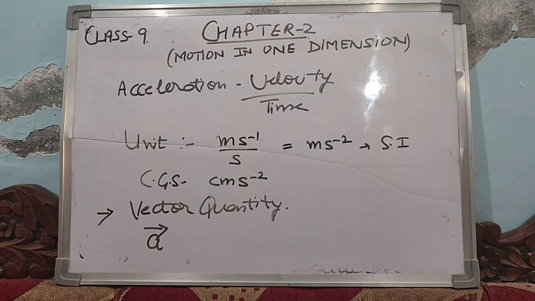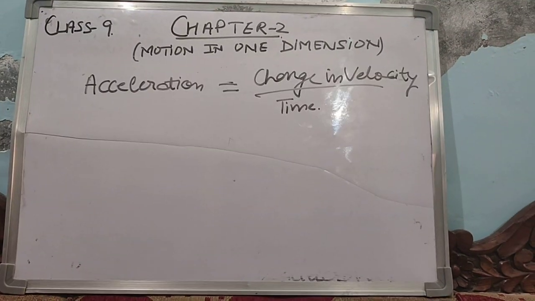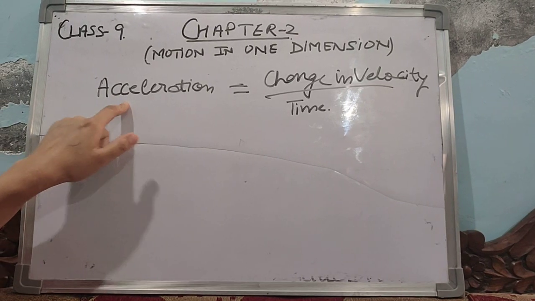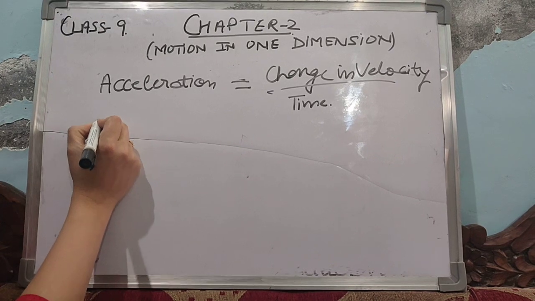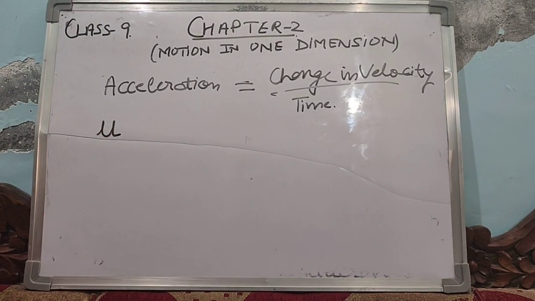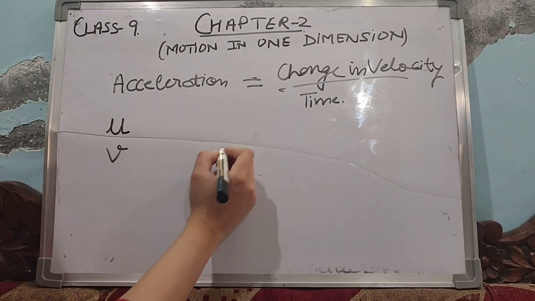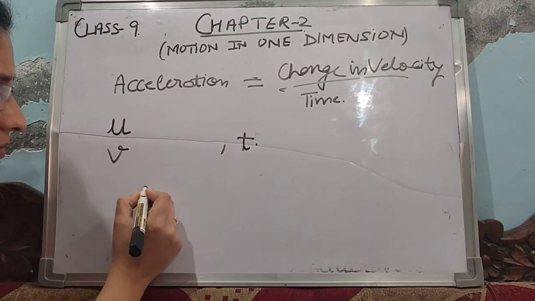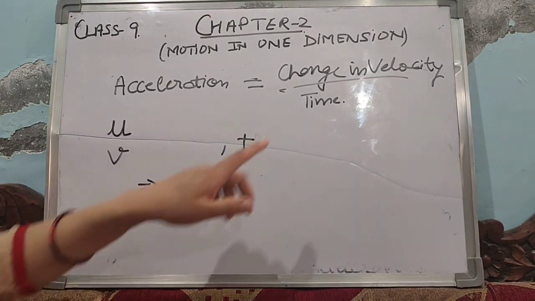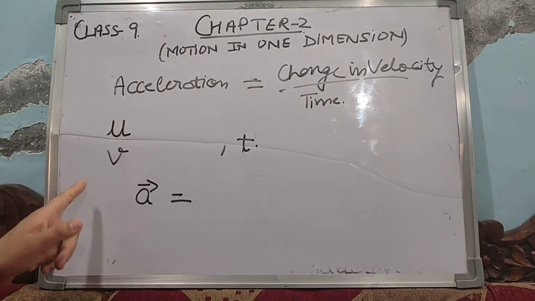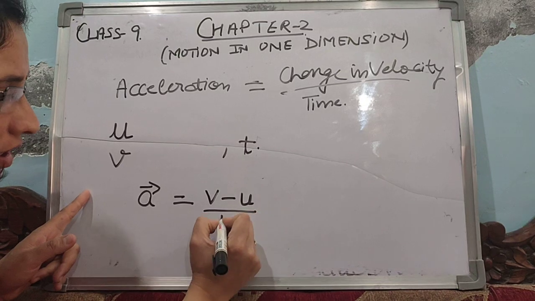Then what is the formula for calculating acceleration? Remember, acceleration is change in velocity upon time. Let us say that if u is the initial velocity of a body, v is the final velocity and t is the time, then acceleration will be equal to final velocity minus initial velocity upon t.